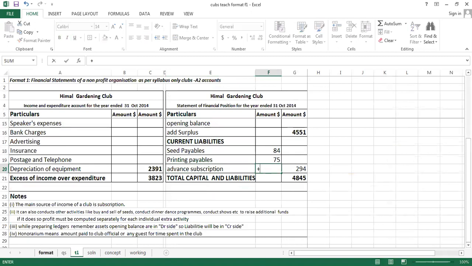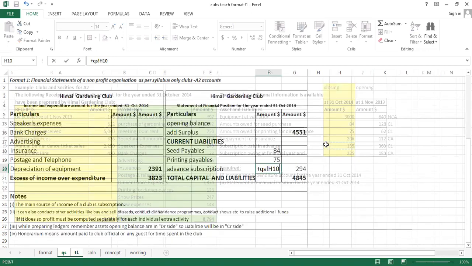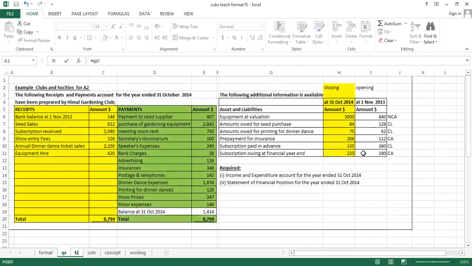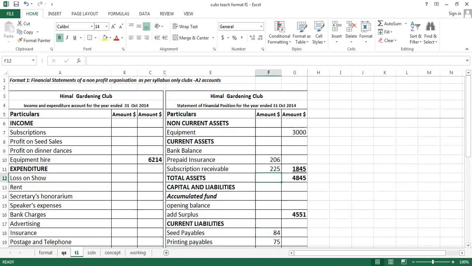You need to pull it here. 135. Okay. Then subscription receivable was your current asset. You need to go up here and place it in the section of current asset. This way. Okay, back to question.